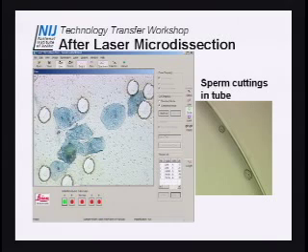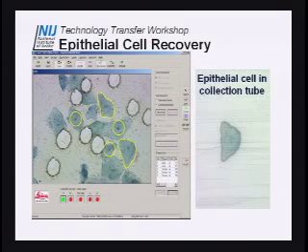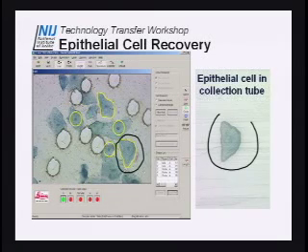And on the right is a view into the tube cap where you've collected your sample. These are actually little teeny sperm heads. You can also do epithelial cells just as easily. And if you notice, this particular cell is the one that was in the tube. It's the same shape, but flipped.